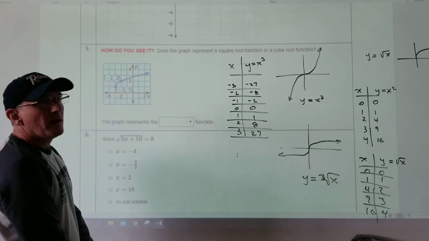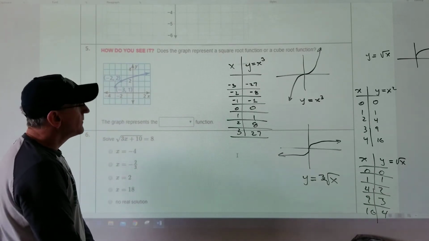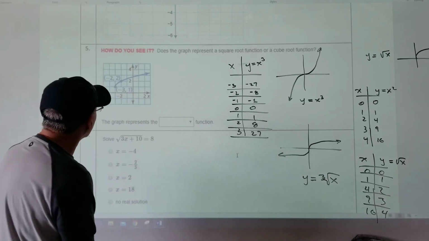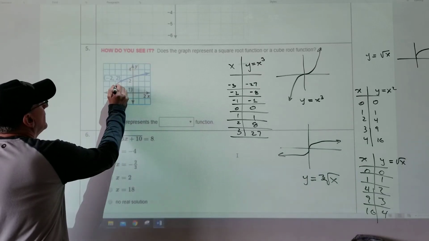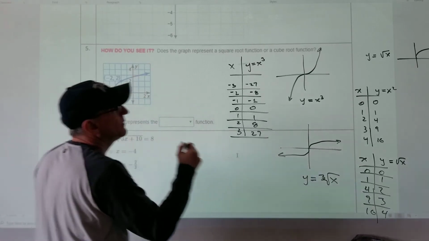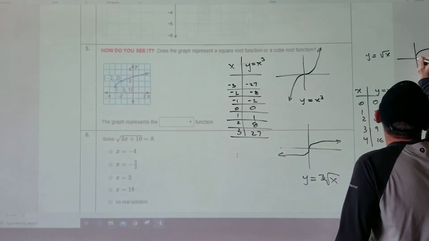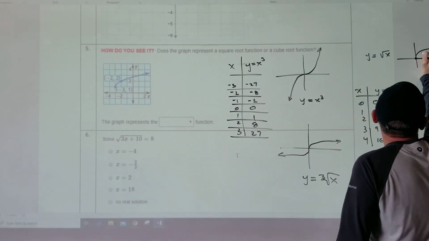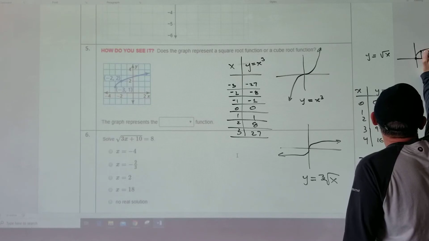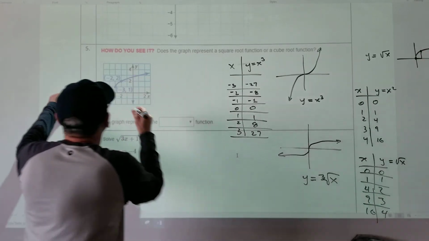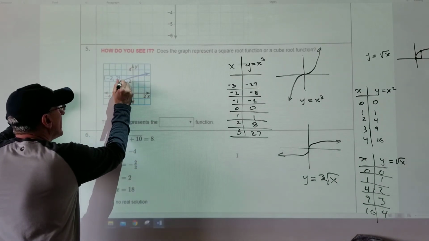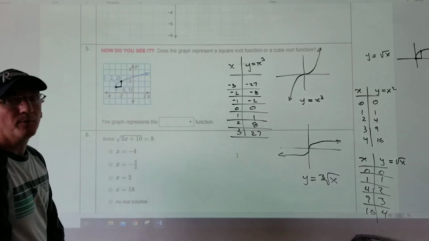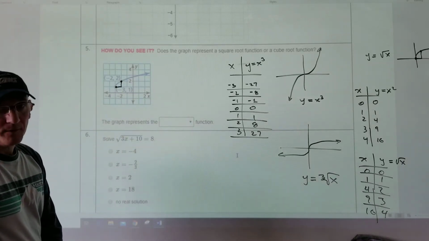So the way to confirm that we're right about the square root is just to go like this. On the square root function, you get a point 0, 0, and then you get a point 1, 1. Kind of like you see here, 1 over, 1 up. But that's true on the cube root function also.